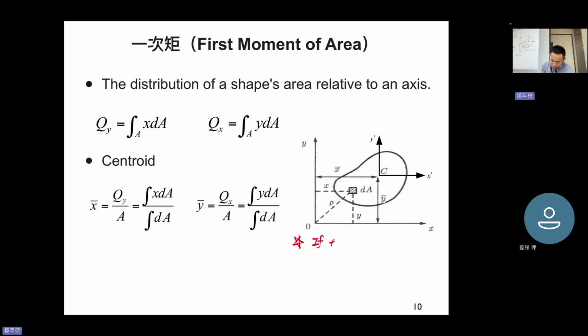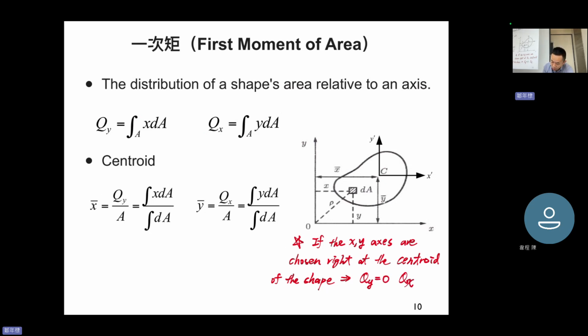If the x and y axes are chosen right at the centroid of the shape, then Qy and Qx equal 0. This is really important, okay?